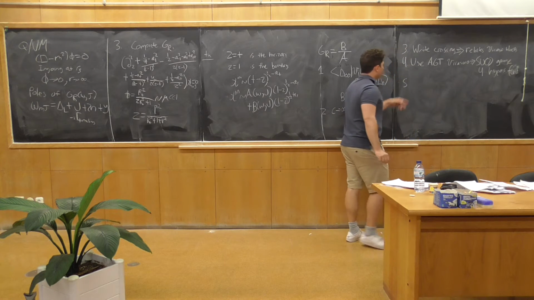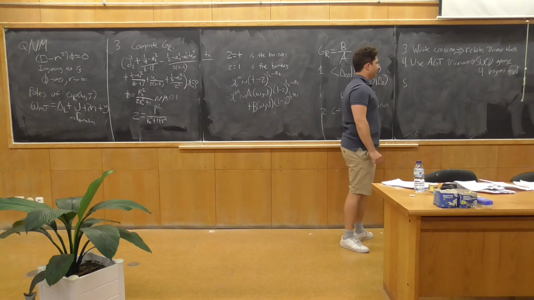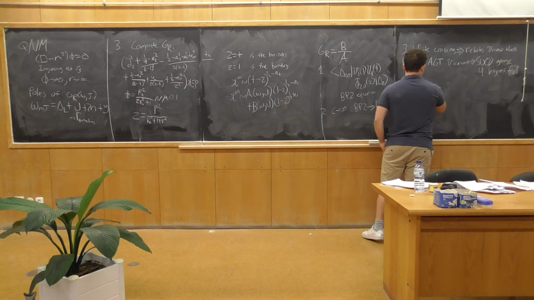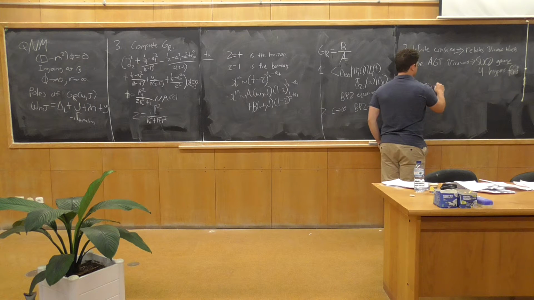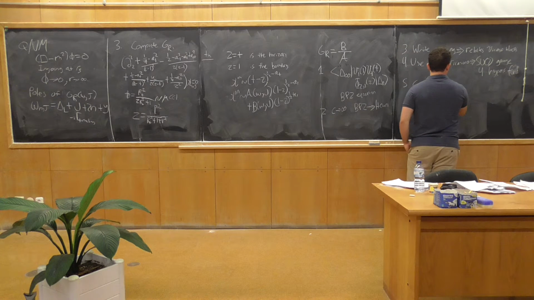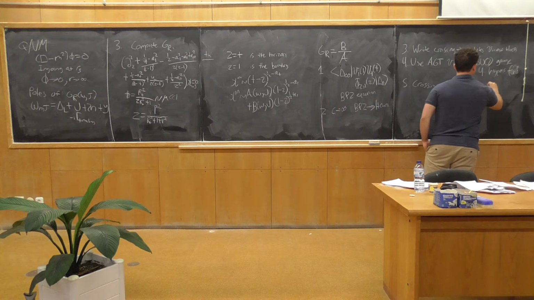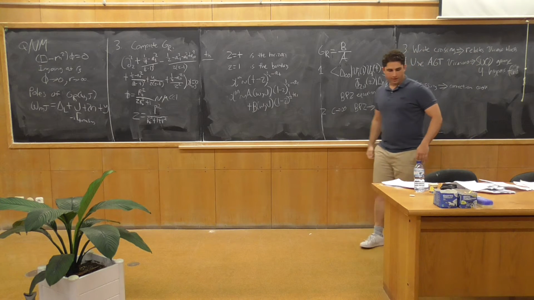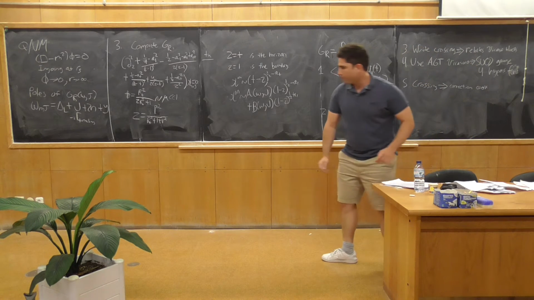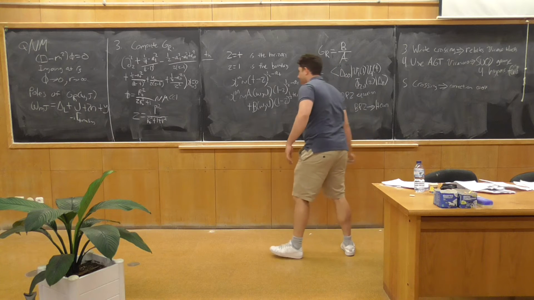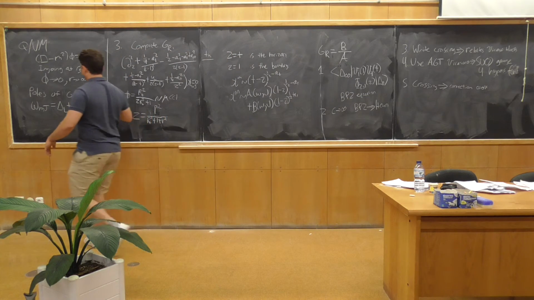And then finally, step 5: we use step 3, and crossing between different channels gives the connection coefficients. Okay, so that's a long story. But all we need is the formula, so why don't we just take it from their paper?